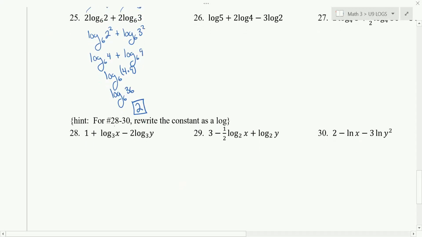On 28, we are given a hint to rewrite the constant, so the 1 as a log, and we want to maintain the same base. So I'm going to change 1 to log base 3, and so 3 to the power of 1 would be 3, so this would be log base 3 of 3, which if you work that out you get 1.